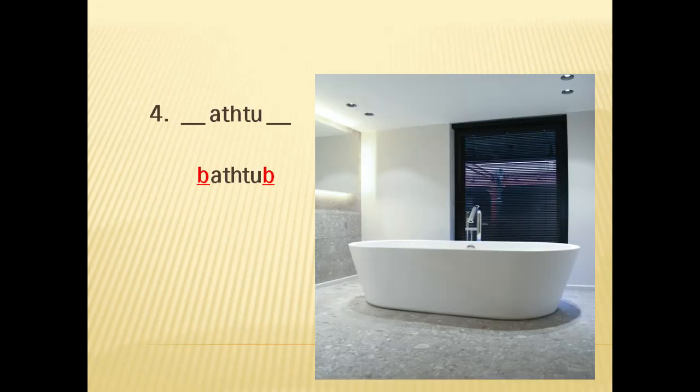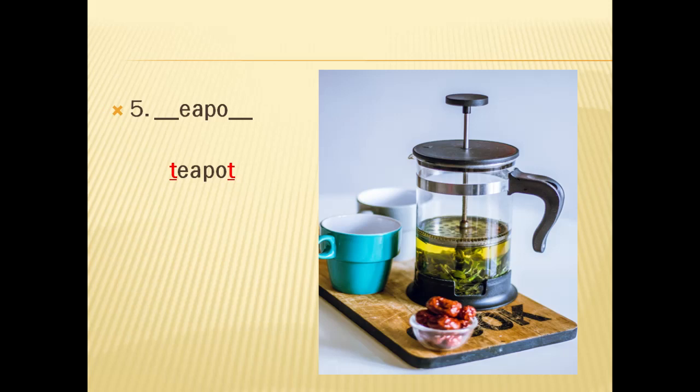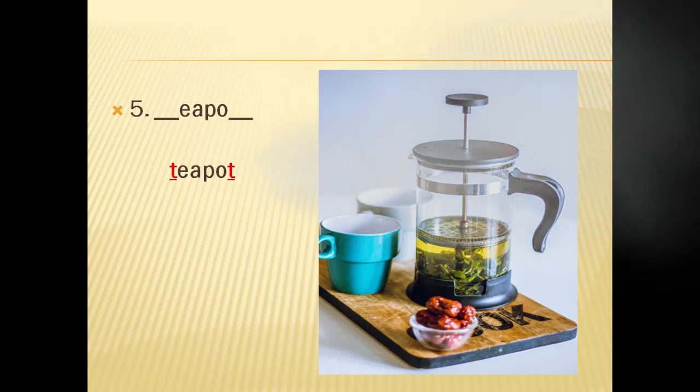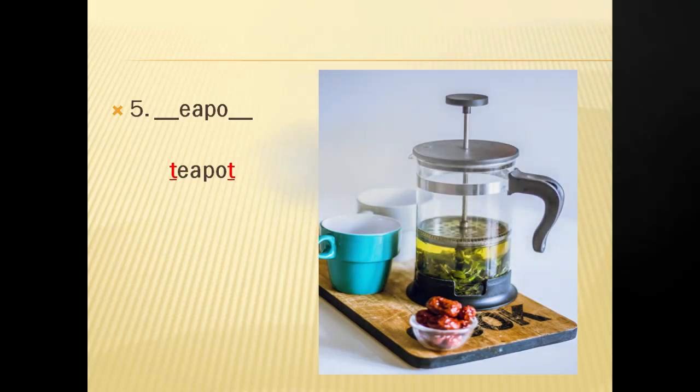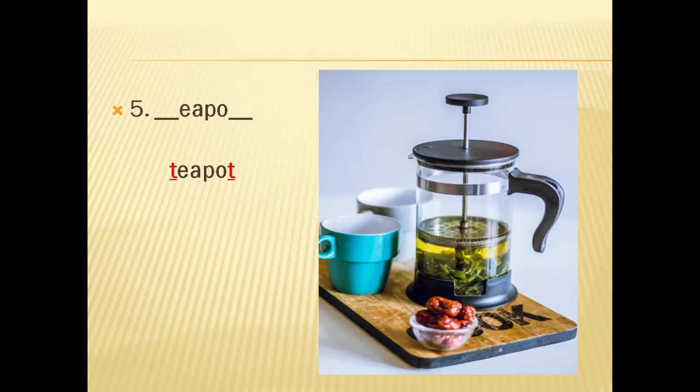The third one is P E E P. Peep. The fourth one is bathtub. You write B at the beginning and end, then it will be bathtub. The fifth one, dash E A T O dash. You write T, then it will be teapot.